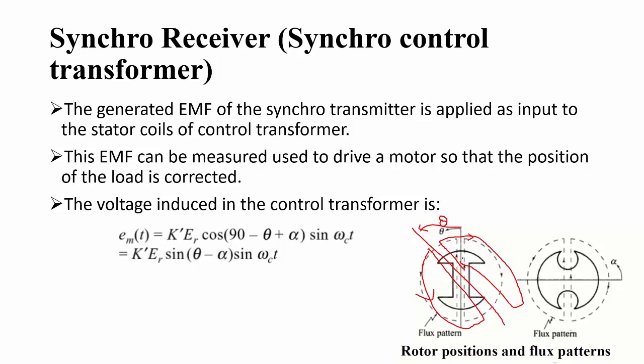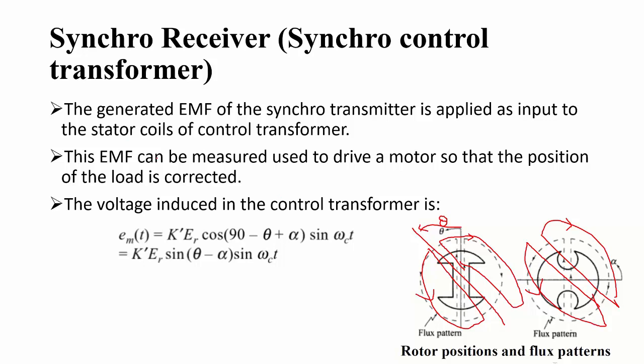Since the receiver is connected to the transmitter, the flux that will exist within the air gap of the receiver will also change in the same manner. And likewise, if you further rotate this rotor of the transmitter, the flux pattern that will exist at the receiver will change in the same manner. So we use this principle in order to generate error.